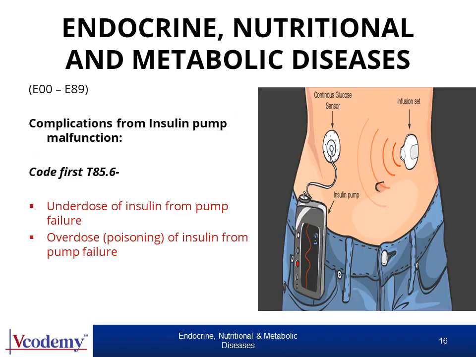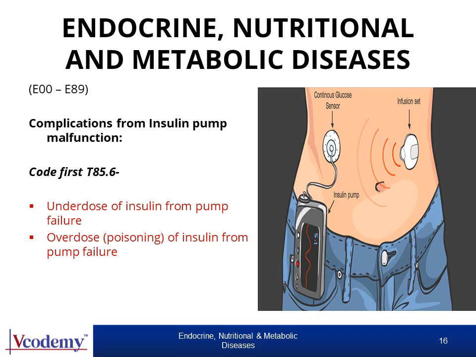So instead of injecting daily, you can wear an insulin pump which is fitted permanently, and it will be programmed. So at regular periodic intervals the insulin will automatically enter the body through the insulin pump.